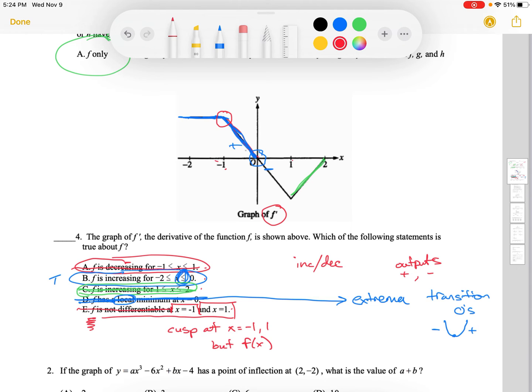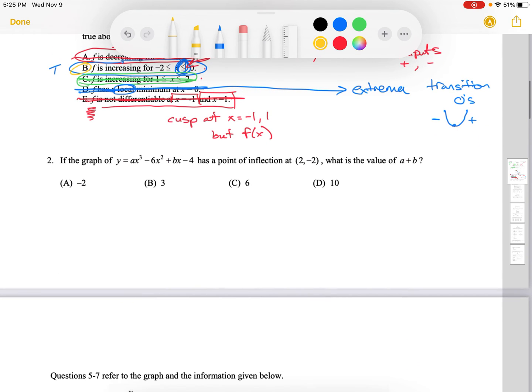Because there's a derivative value at +1, this is not true. So I'm going to go back to letter B. Letter B is the answer to this one. I know you're probably looking at that inequality and you're being picky, but again, if I can clarify, all of these outputs are positive, and so letter B would be the solution.